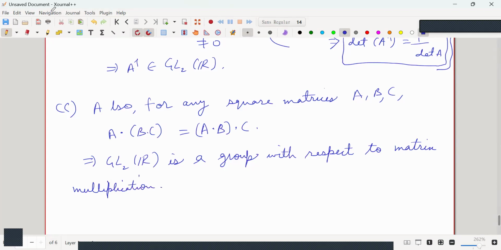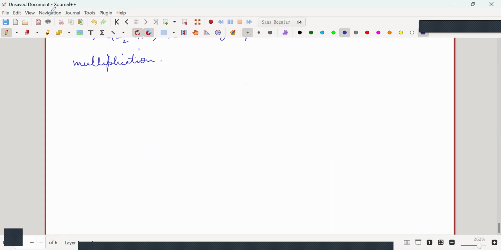Okay, then. Now, let us discuss some example, or maybe we can try to draw one composition table or multiplication table.